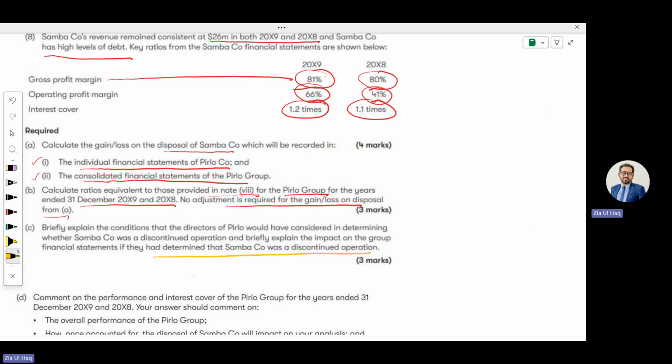So a discontinued operation means your business that you are going to sell, if it is a separate line of business.